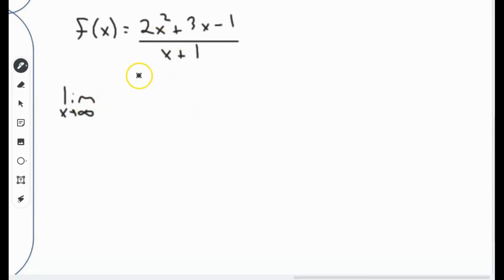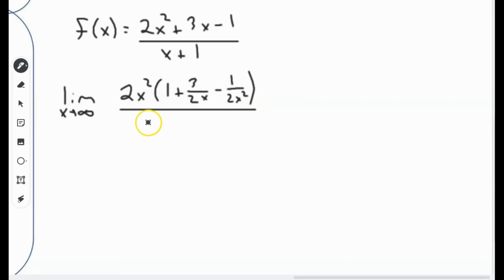And if we do that, we will factor out the 2x squared. So we have 2x squared, and that leaves us with 1 plus 3 over 2x minus 1 over 2x squared. And on the denominator, we factor out an x, and that leaves us with 1 plus 1 over x.